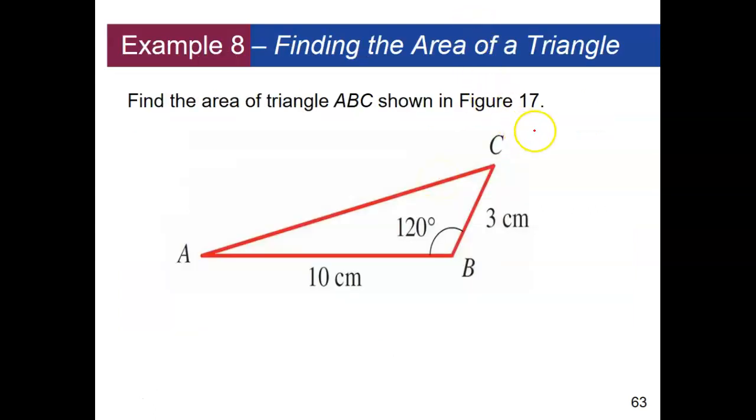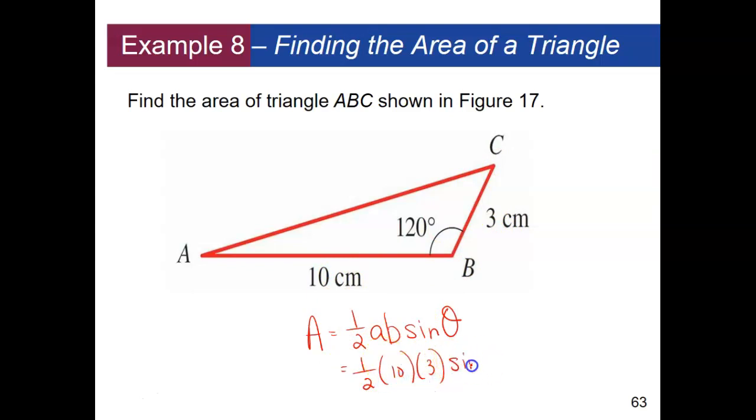So an example of what I'm talking about here is in this triangle, we have two sides and the included angle between those is provided to us. So our area formula for this is going to be 1/2 the sides times the sine of the included angle. Okay, so on this particular one, our two sides that they're giving us are the 10 and the 3.